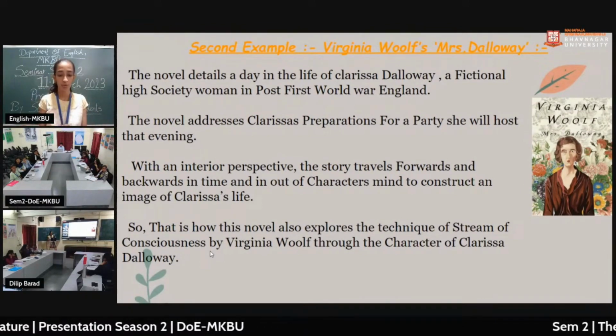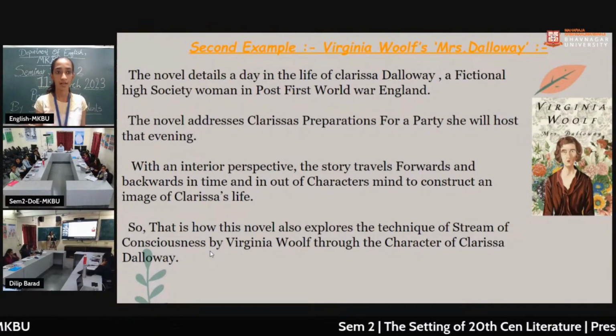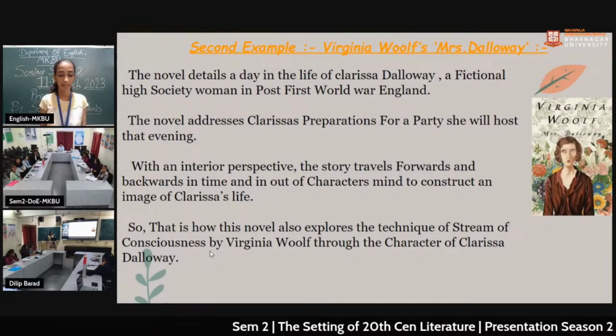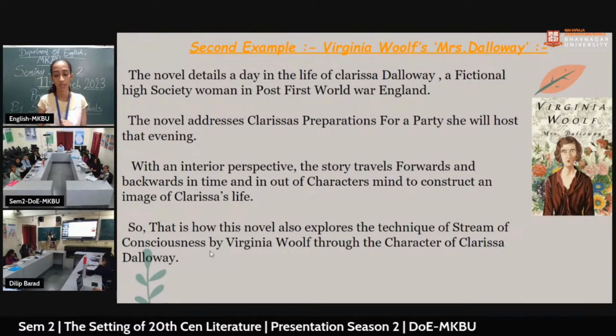So that is how Virginia Woolf succeeded in the best way in depicting the new literary term, the stream of consciousness, through her novel.